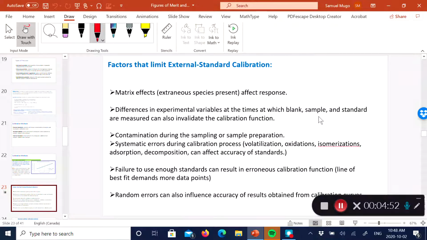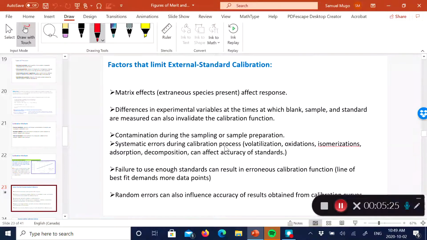Now, another major limitation of the external calibration method is that you're making an assumption that the sample preparation will not interfere, and that's not a good assumption either. Also, you're making an assumption about potential systematic errors. Assume you took the sample through different steps compared to the standard.